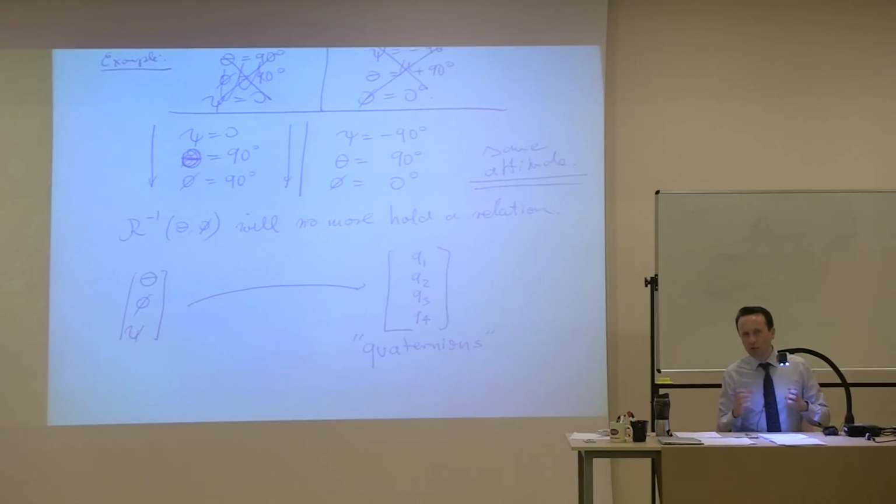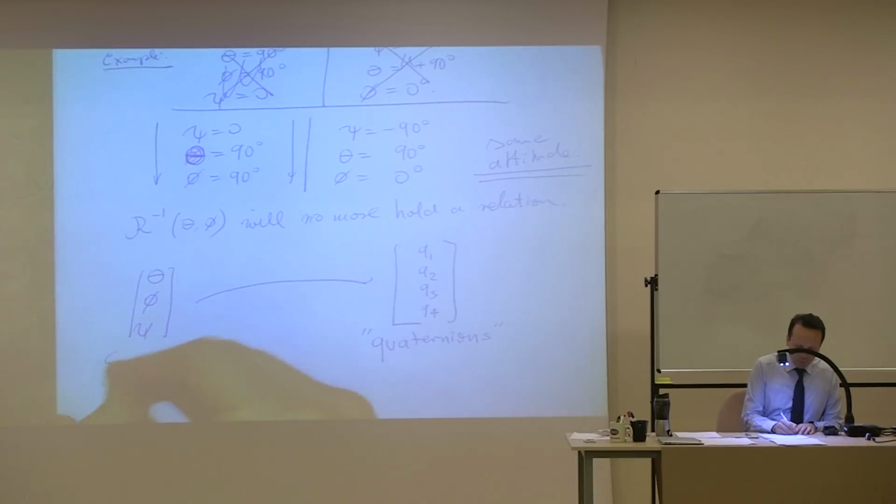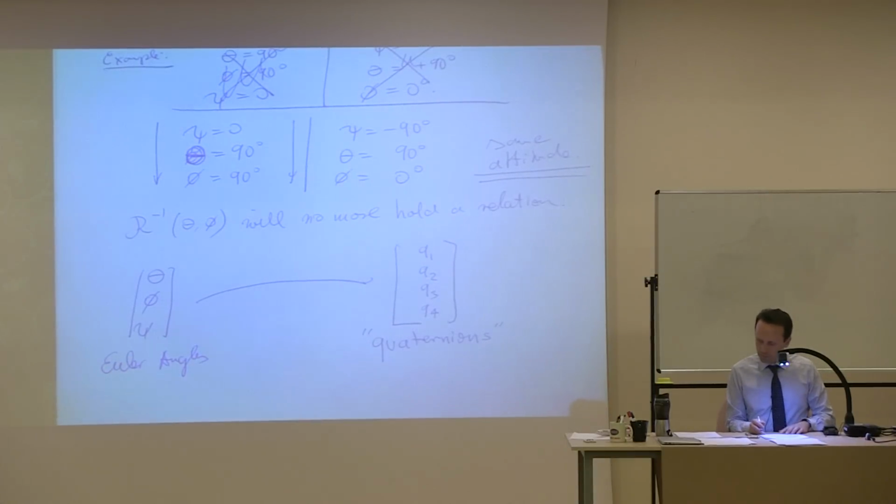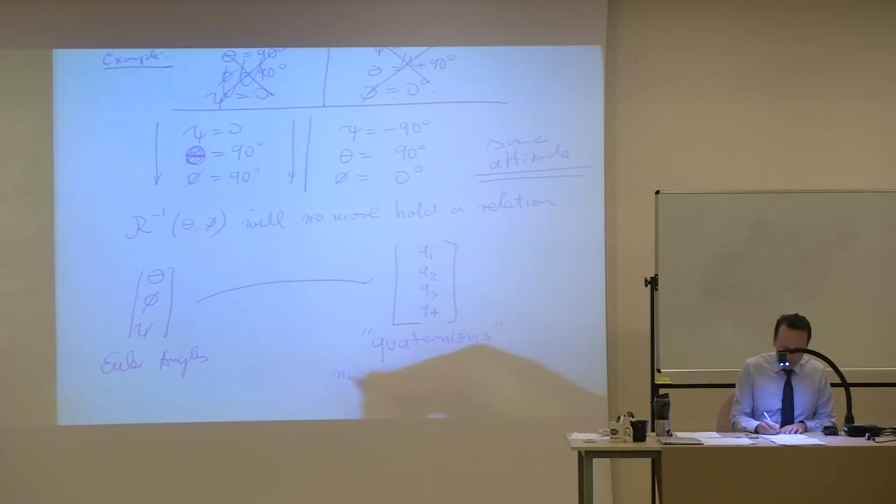If you increase the number of variables, you could intuitively think that some of the non-uniqueness will go away. And this is exactly what's been done here. These are Euler angles, and these are quaternions. And we don't have that non-uniqueness problem.